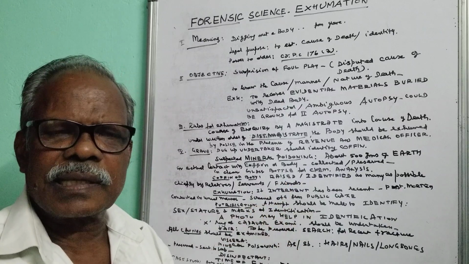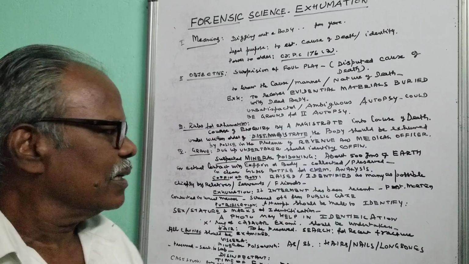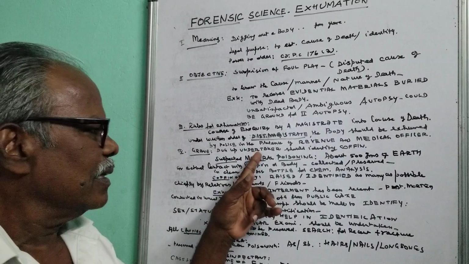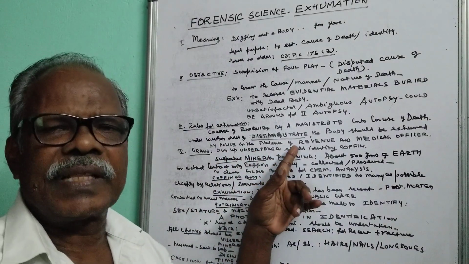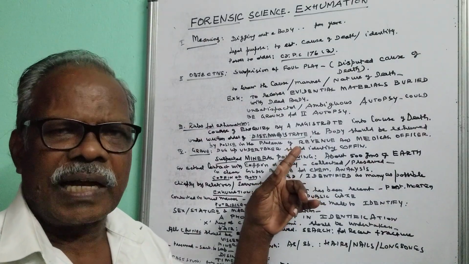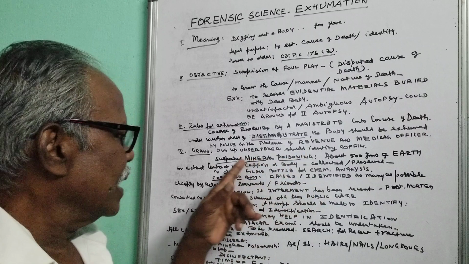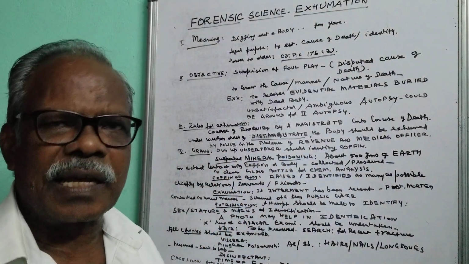Then they should identify the coffin. Relatives and friends should also identify the coffin and the dug-up place. This is how the grave is dug up.